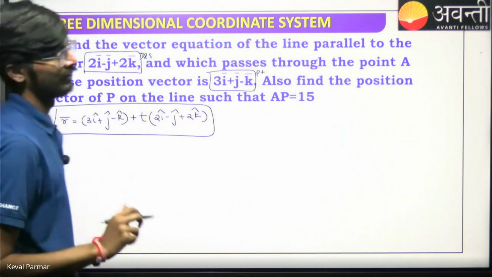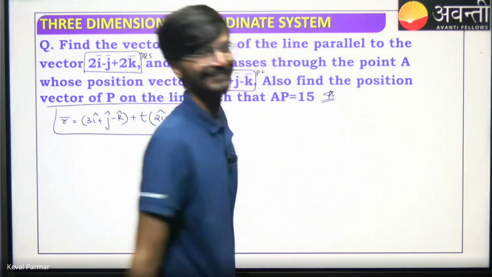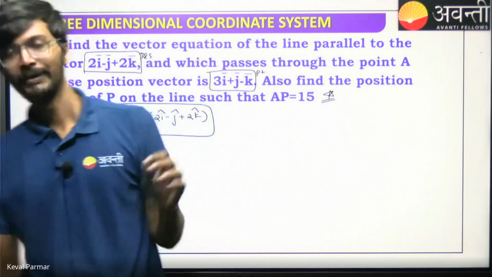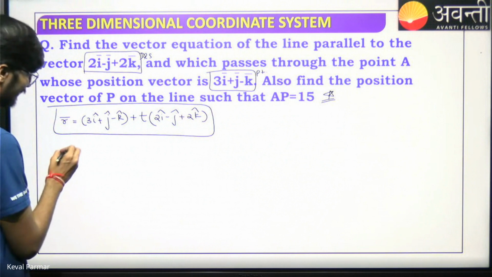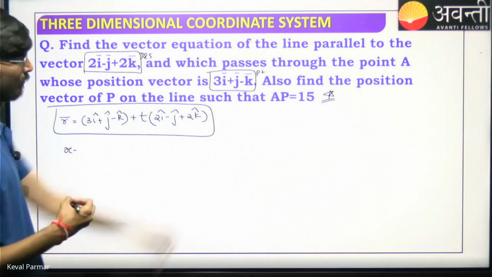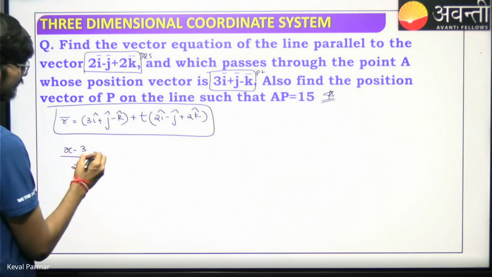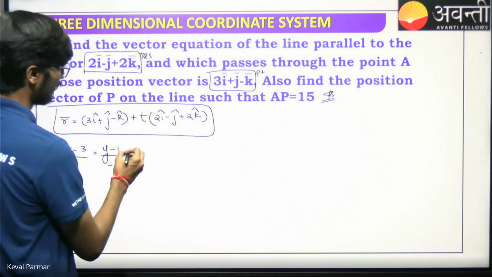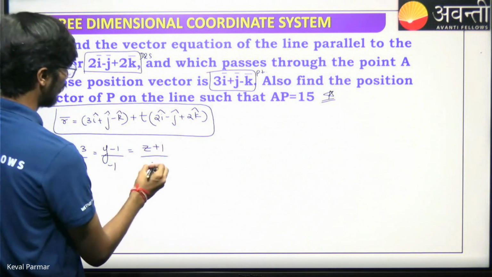Now here is the important thing. For this, we'll use the symmetric form or the Cartesian form. So the Cartesian form will be x minus 3 upon 2 is equal to y minus 1 upon minus 1 is equal to z plus 1 upon 2.